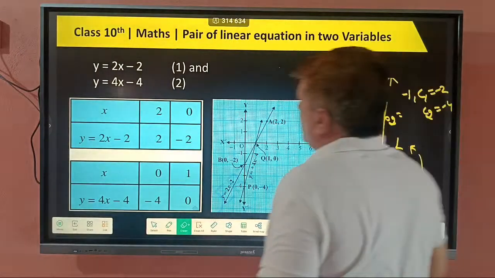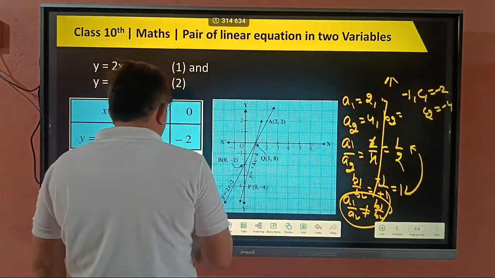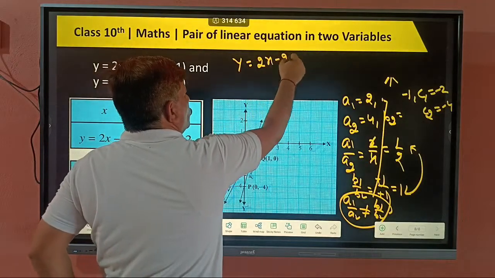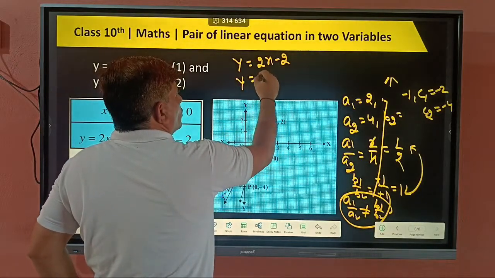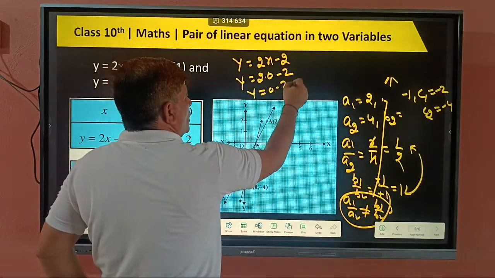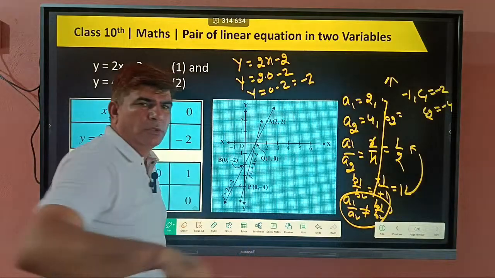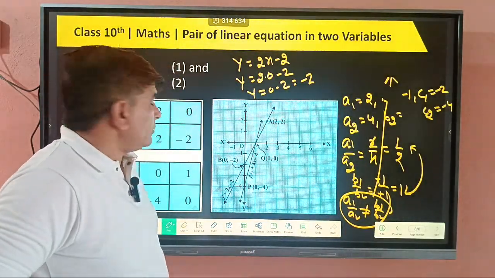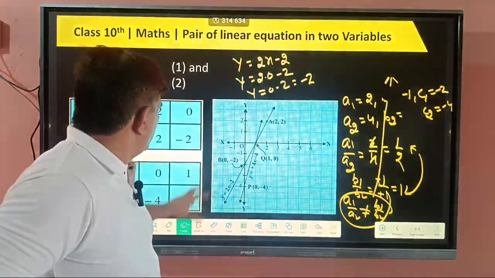Next value, if x becomes 0, so y is 2x minus 2, this becomes 2 into 0 minus 2. So y is 0 minus 2, which is minus 2. Minus 2 I have written. Yes or no?